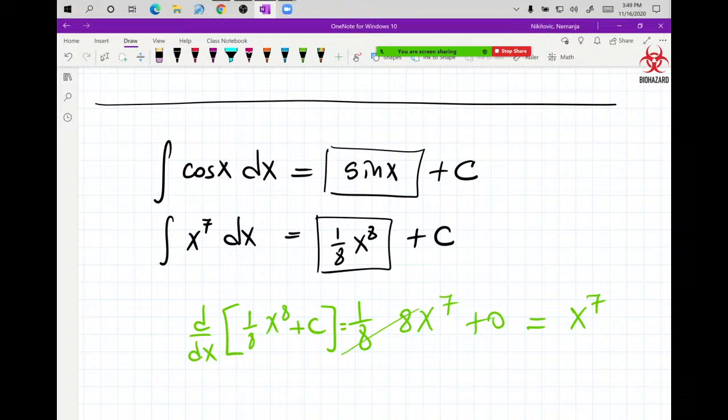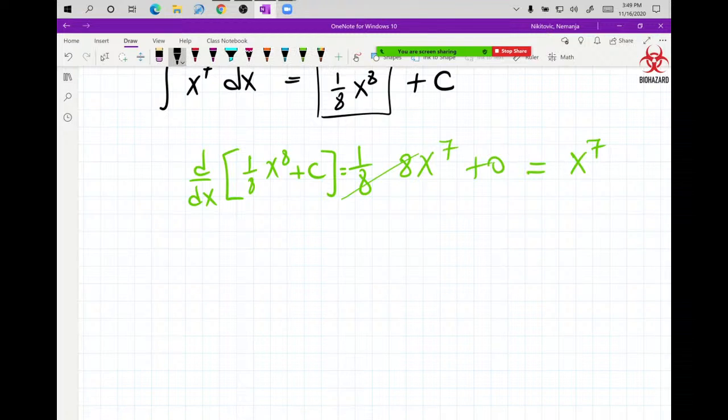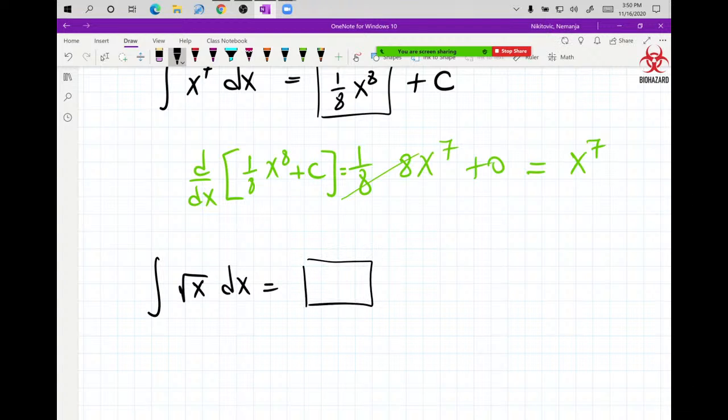Okay, let's take a look at a crazier situation. Square root of x dx. So what goes in a box plus c?